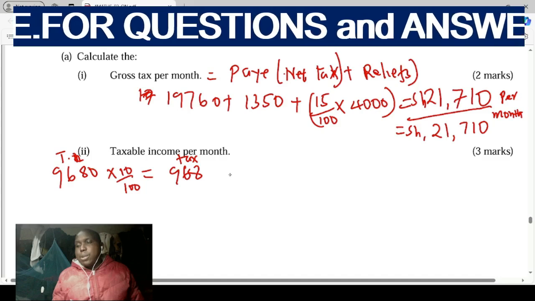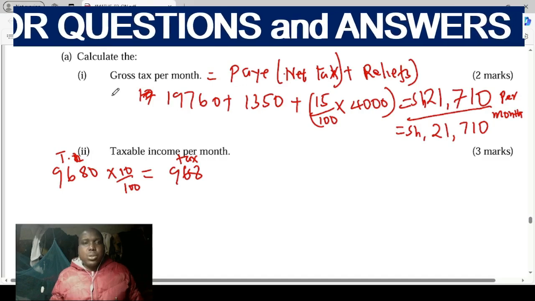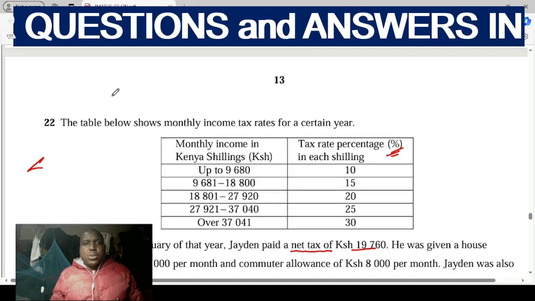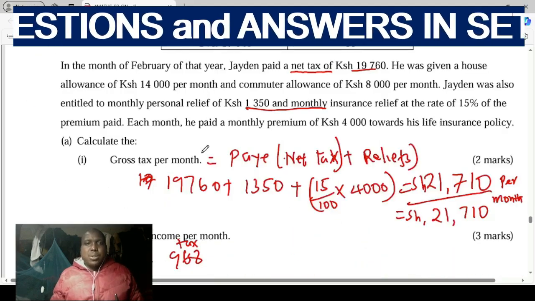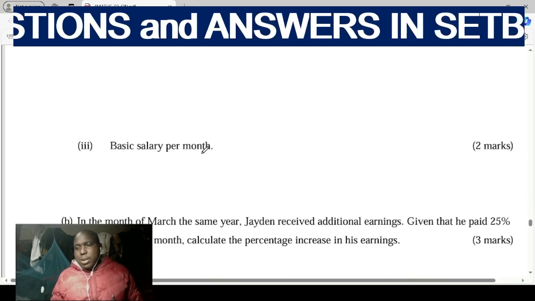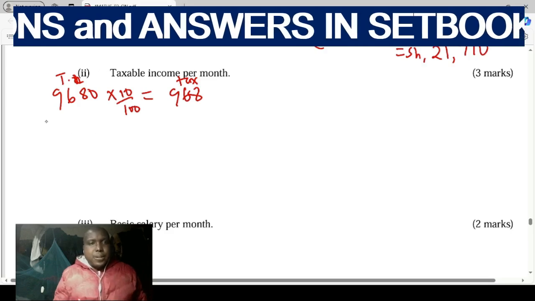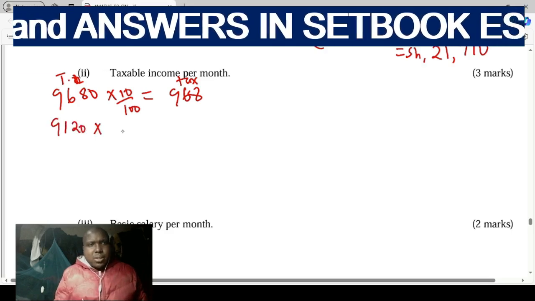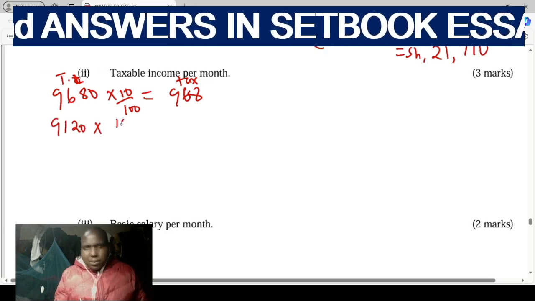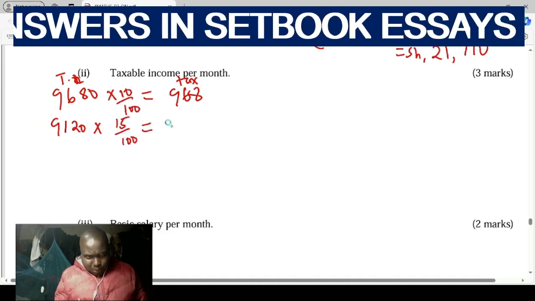So next you subtract. To go to the next slab, you subtract 18,800 minus 9,680, which will give you 9,120. 9,120 times the next slab, which is 15 over 100, because it is in percentage form.